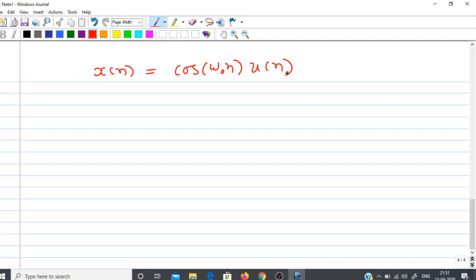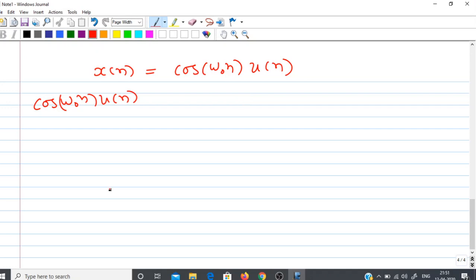We want to find the transform of this sequence using the linearity property. So before using the linearity property, can we write cos omega naught n u[n] in terms of complex sinusoids, that is e to the power j omega naught n and e to the power minus j omega naught n.